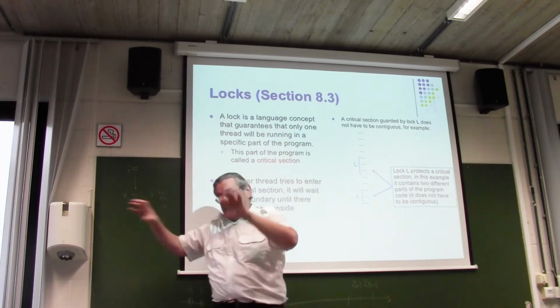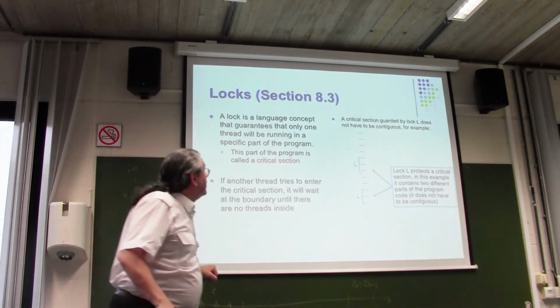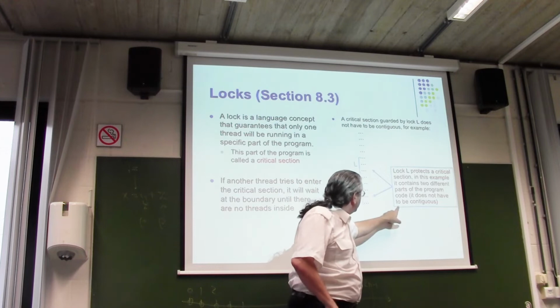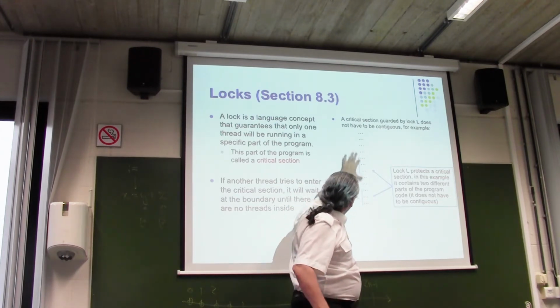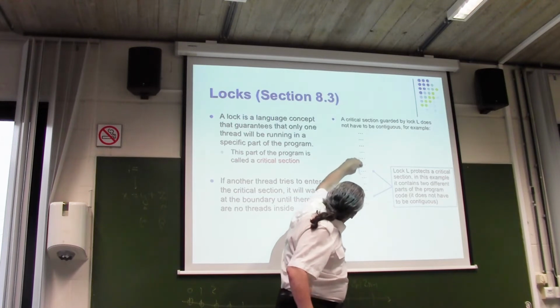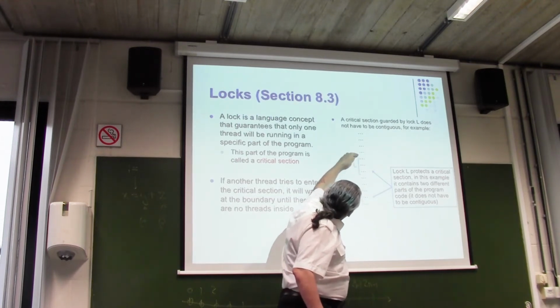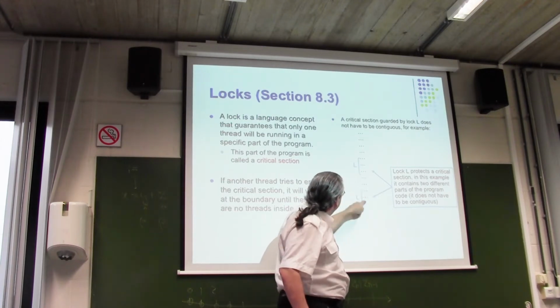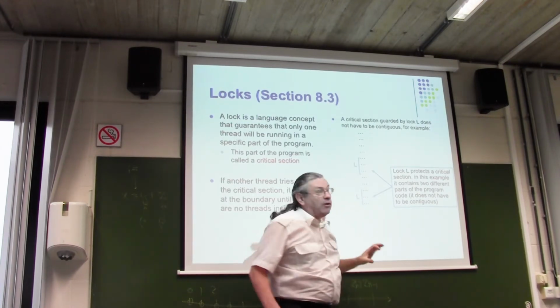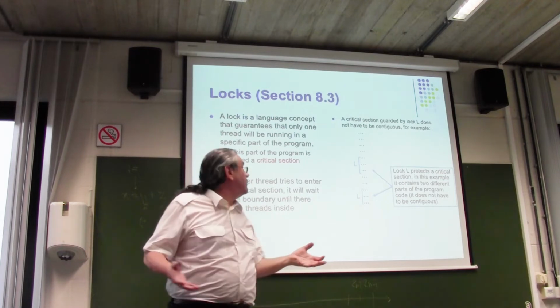They can be separate in the code, okay? This is something people sometimes don't understand. It does not have to be contiguous. So the lock L will protect this. So if there's one thread here, then no other thread can enter, even in the second part, because both of them together, you will have maximum one thread, okay?